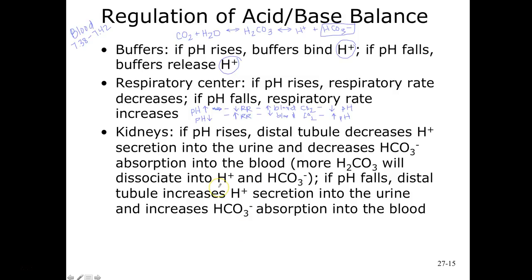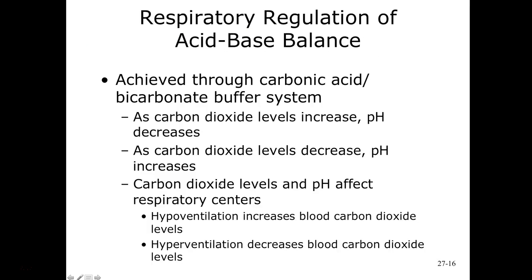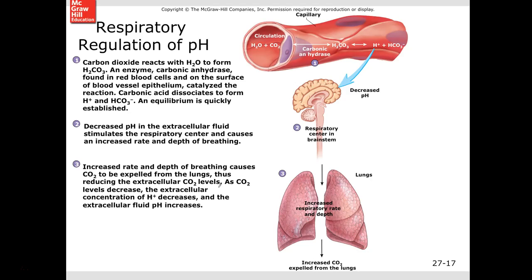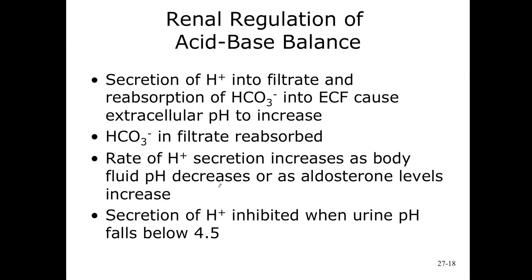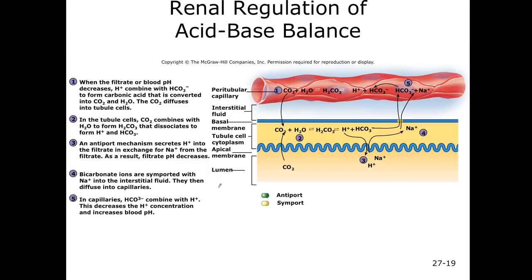Now, to discuss this, I'm going to jump past respiratory because we just discussed it. I'm going to talk about this on the next slide, this one here. Let's talk through this from the beginning.